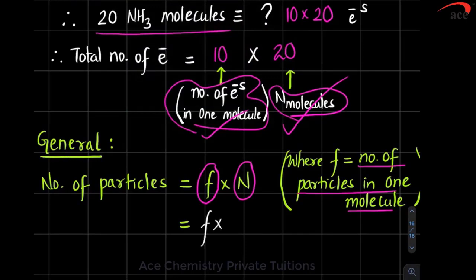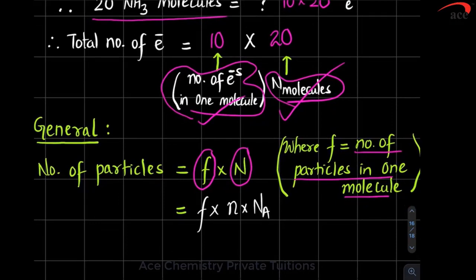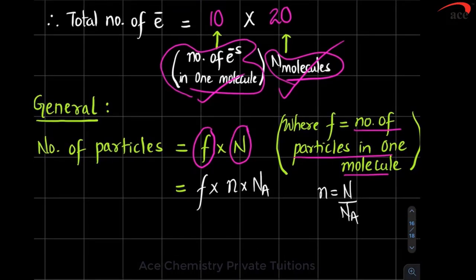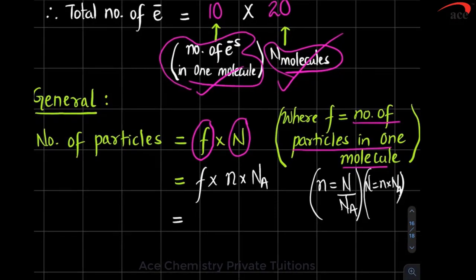Now, do you remember what is the formula for getting number of molecules? Yes, n into Avogadro number. If you don't recall, you remember number of moles is number of molecules upon Avogadro number. So what is the formula for N? n into Na. Now, n can be written as weight upon molar mass.